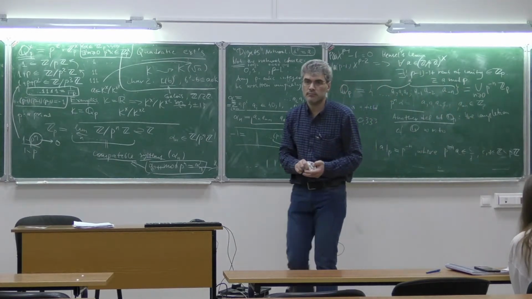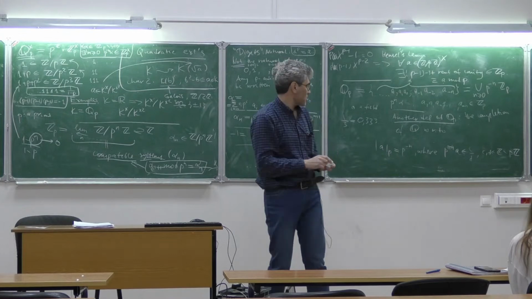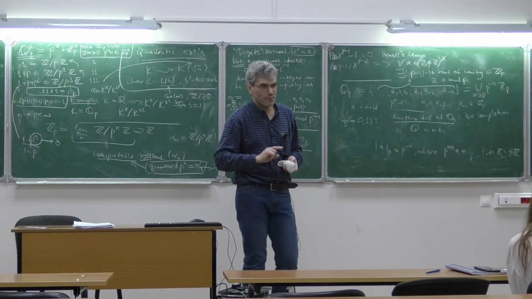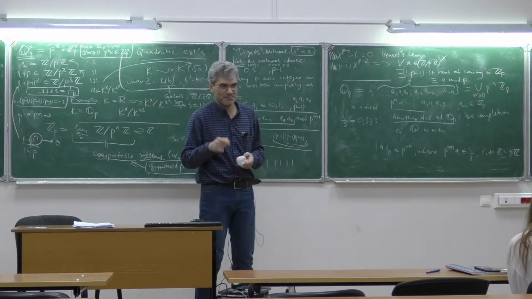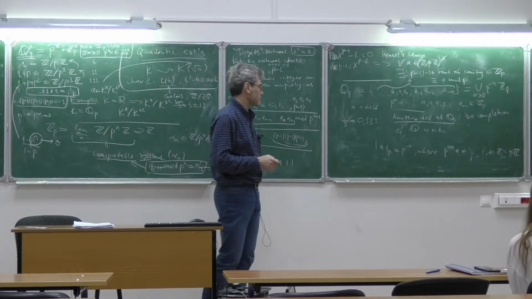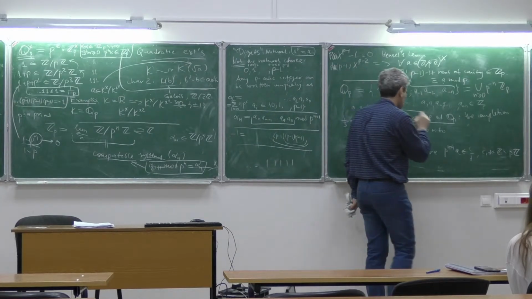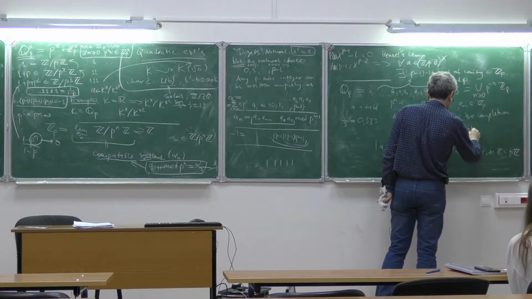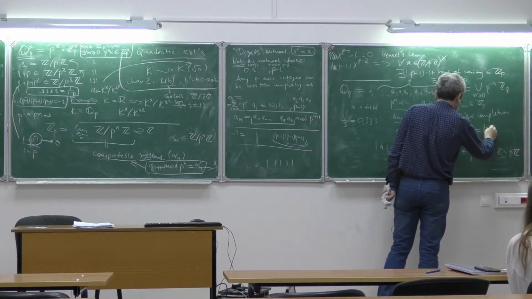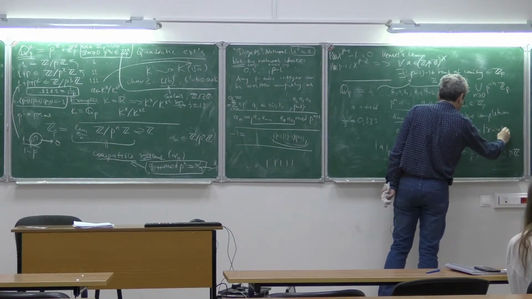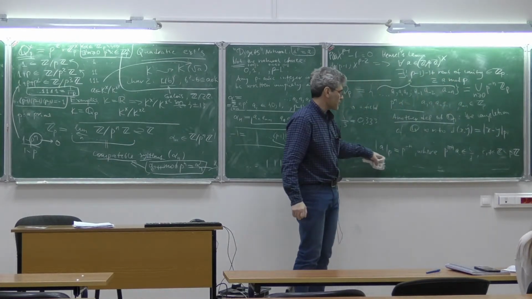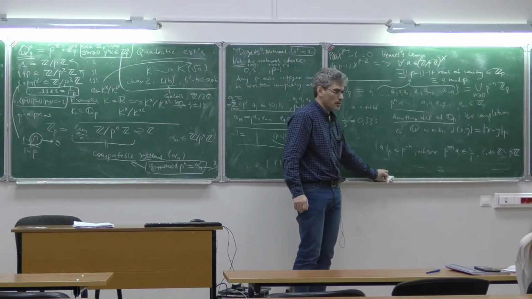Yes, in the usual sense, with fundamental sequences. With respect to the following distance, d of x and y is equal to the norm of x minus y, and this norm is defined as follows.